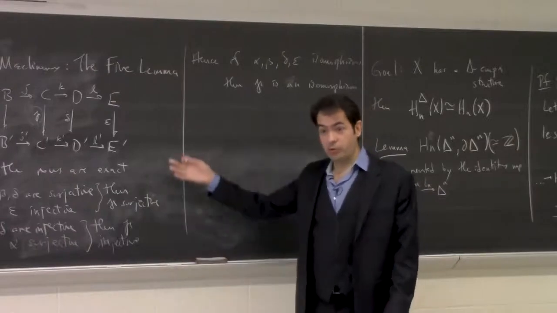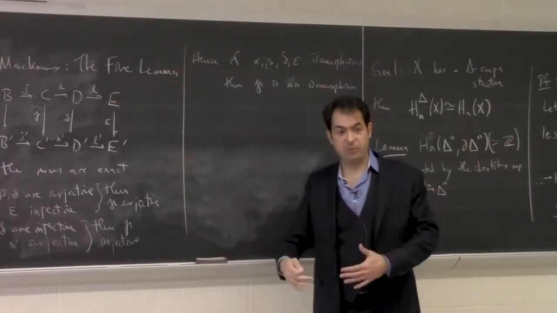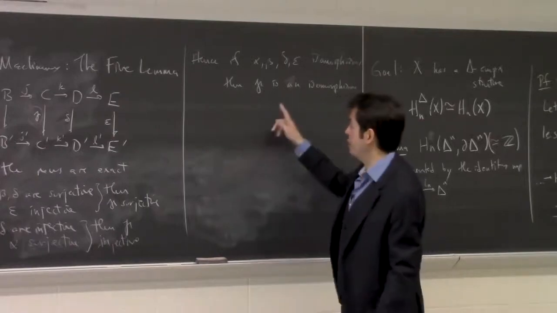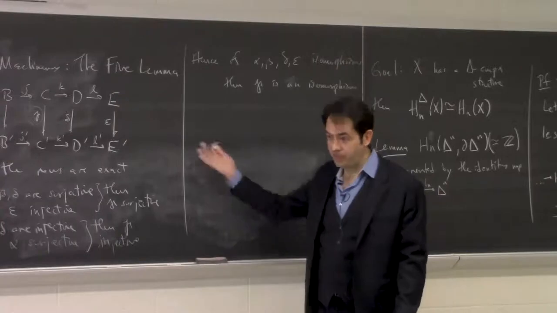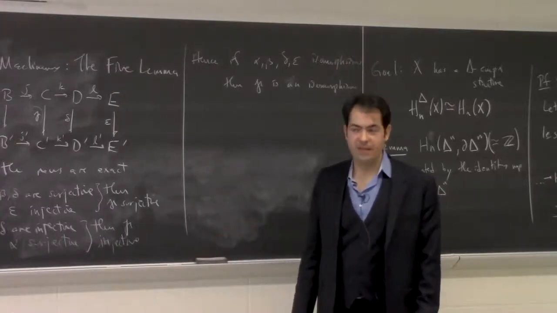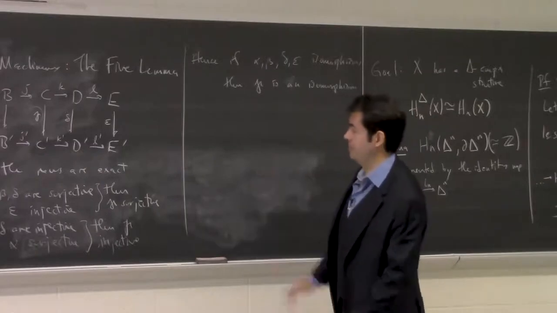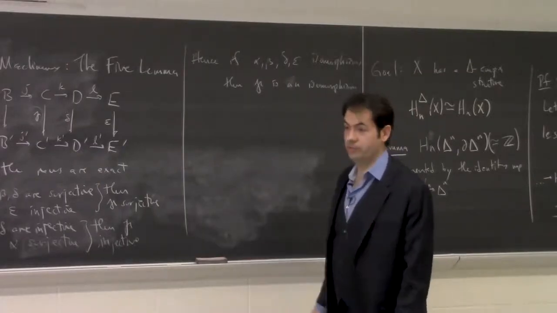So most of the time when you apply this, you have 2 long exact sequences, and you have maps between them. And so if you know that 4 out of every 5 are isomorphisms, then the 5th one is an isomorphism too. Okay? So this gets used all the time, in inductive arguments.